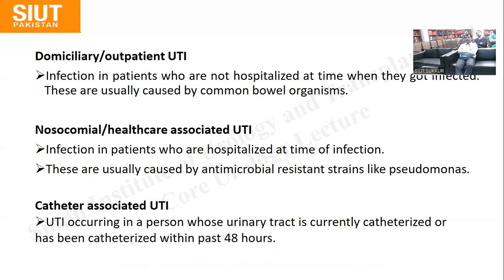These are usually caused by common bowel organisms. Nosocomial or healthcare associated UTI are infections in patients who are hospitalized at the time of infection. These are usually caused by antimicrobial resistant strains like Pseudomonas. Catheter-associated UTI is UTI occurring in a patient whose urinary tract is currently catheterized or has been catheterized within past 48 hours.